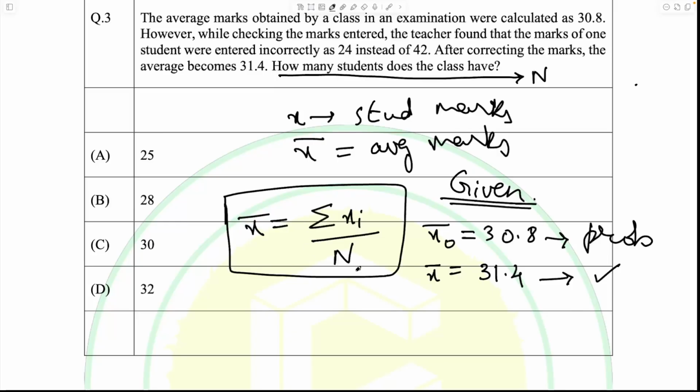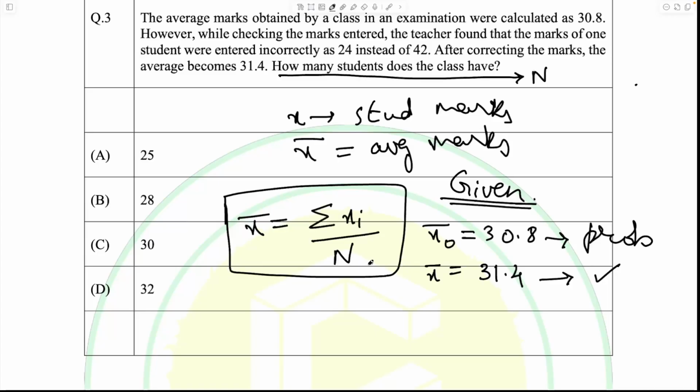With this formula, let's put in the values of the original ones. The change has happened from the original one to the final one. If we were to formulate the final one and reduce the expansion of the final one into your x naught, and the rest of the part in some way gives you capital N, the number of students in the class, then that is going to be very ideal.